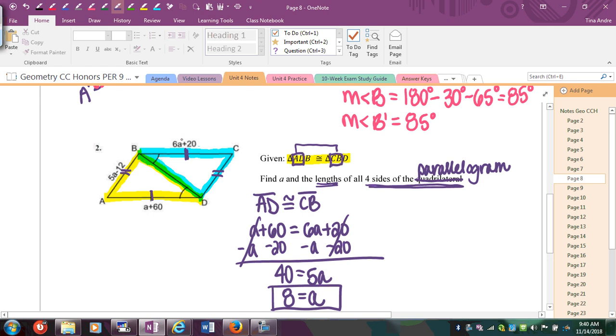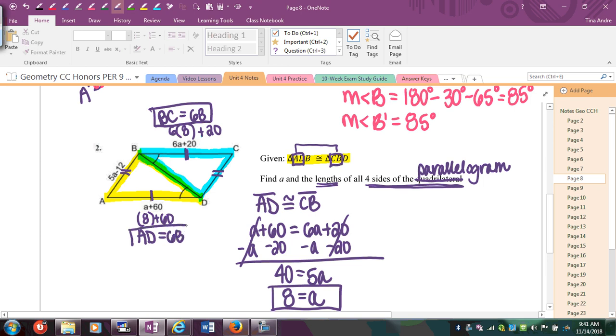So in order to find our sides here, let's just go ahead and plug our 8 back in. So 6 times 8 plus 20, that's going to give me BC. So BC is going to equal 68. So there's one of the measurements, which means I'm going to go right down to AD and make sure that I get 68 for that. That's a good check to make sure that we solved correctly. So if I plug in 8 plus 60, well, that's good. I get AD equals 68.